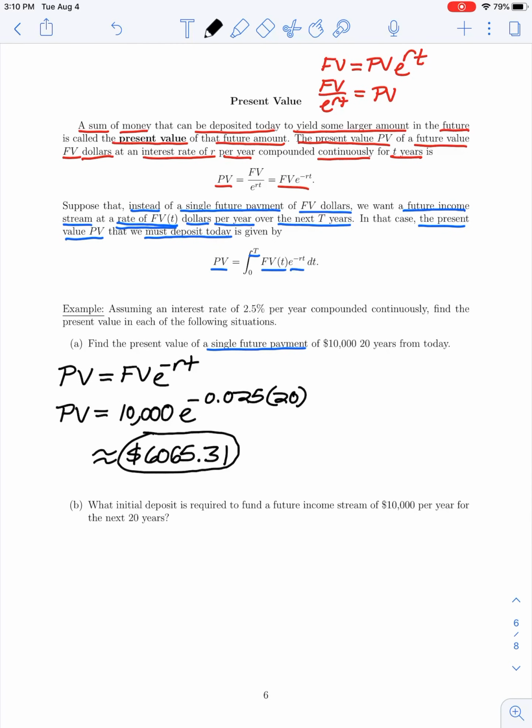Now in part B, we're changing this problem slightly. We're asked what is the initial deposit required to fund a future income stream of $10,000 per year over the next 20 years. So here we're looking at the income stream problem. The present value required to sustain that income stream is the integral over the timeline of this income stream.